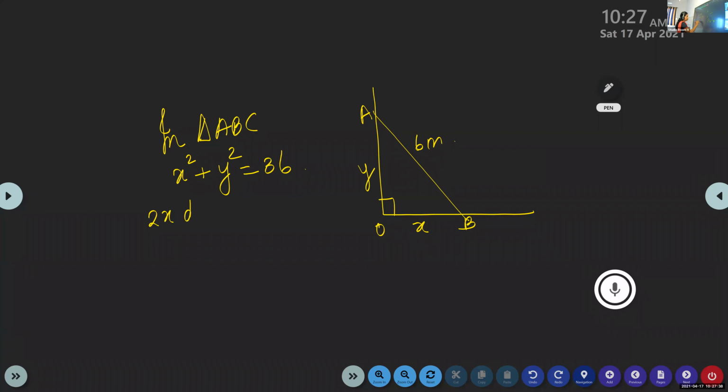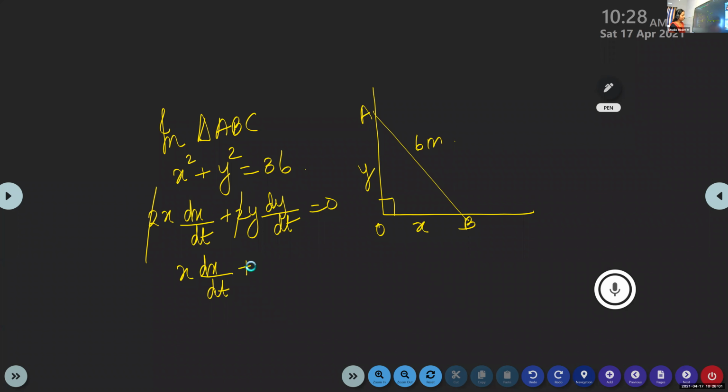So 2x dx by dt plus 2y dy by dt equal to 0, so x dx by dt plus y dy by dt equal to 0.